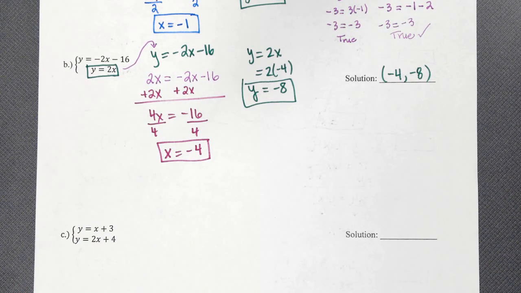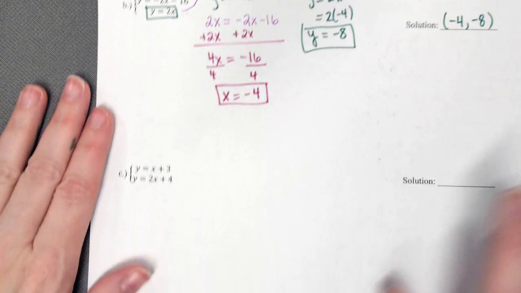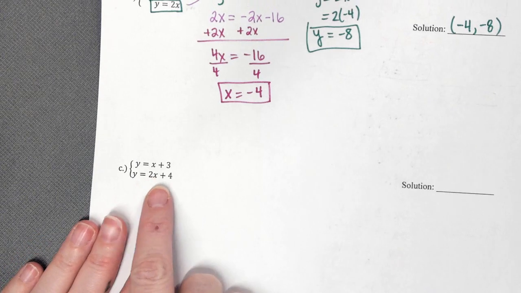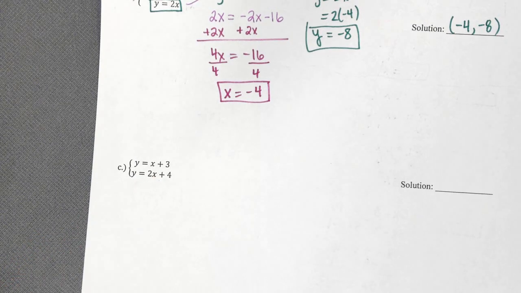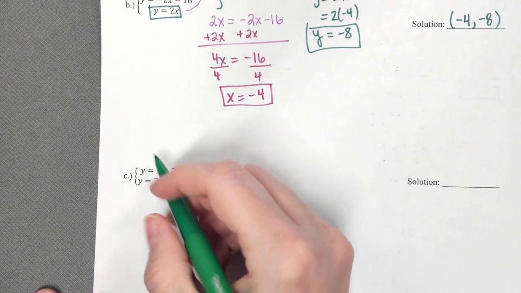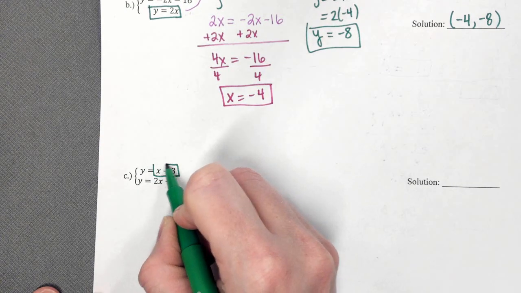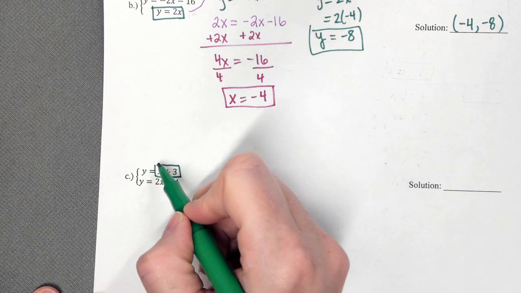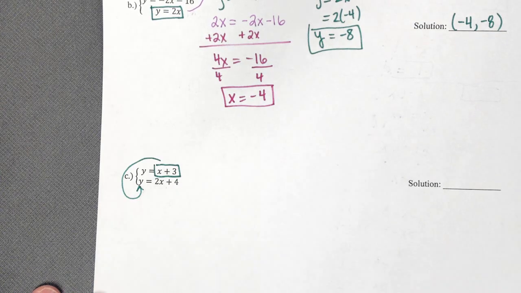Okay, now part C, I know it looks a little bit different, but the concept is the same, where you're going to plug one equation into the other one. Okay, so if they're both y equals, you can just plug this in for your y term.